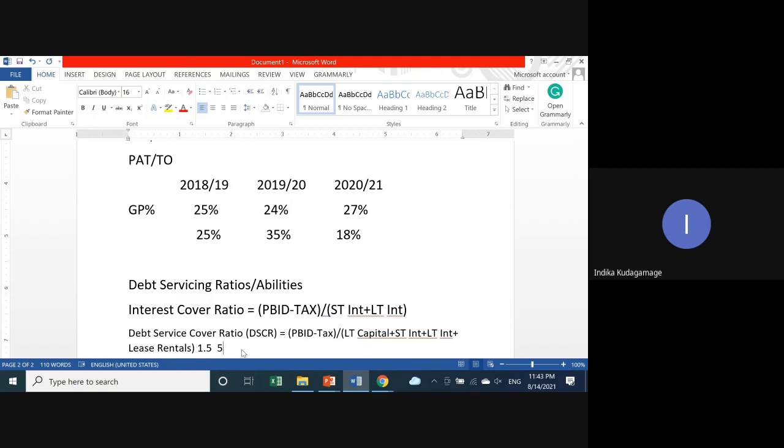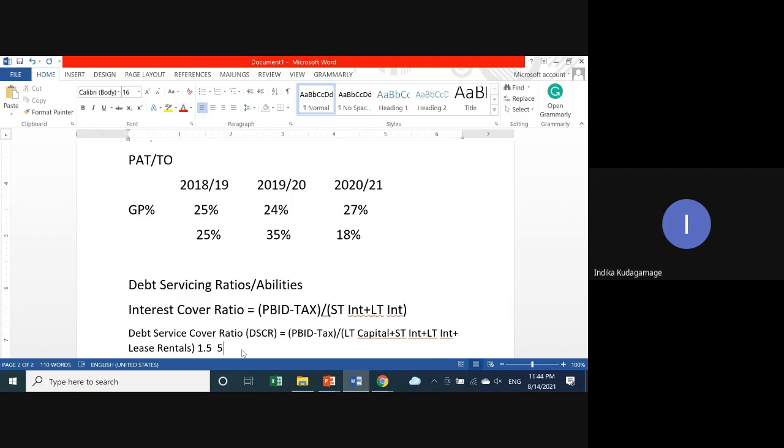That means the customer needs to pay only 50,000 rupees for their long-term debt, but he has the capability to pay 250,000. So the balance money he may divert to different things. By diverting that, he will have problems in his business.